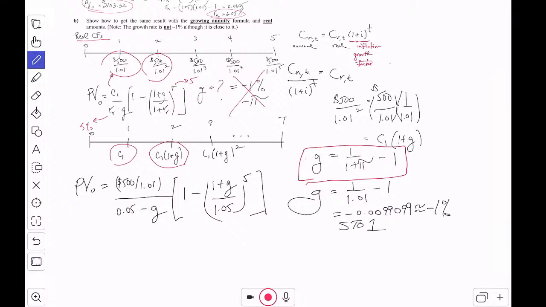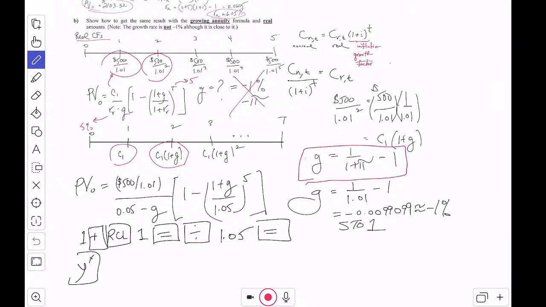I would start in the brackets and I would say 1 plus recall 1 equals divide 1.05 equals y to the x, 5 equals, change the sign, plus 1 equals, and that will give you the entire bracket, the square bracket.